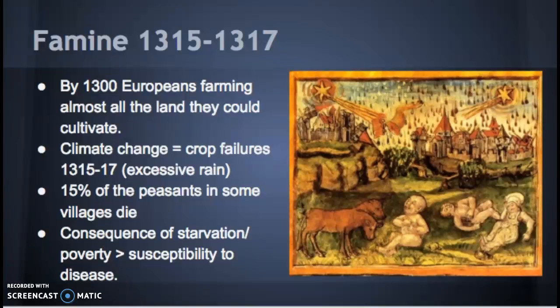When you've got a big climate change, a big drop, excessive rains, a lot of things going on between 1315 and 1317, you then have a lot of resulting crop failures. About 15% of the peasants in some villages die, which is a fairly large number. And for the people who didn't die, there were still really big consequences. People were starving, people were in poverty, of course, if you're a farmer trying to make a living off of your harvests. But the other big thing was that it made people very susceptible to disease.